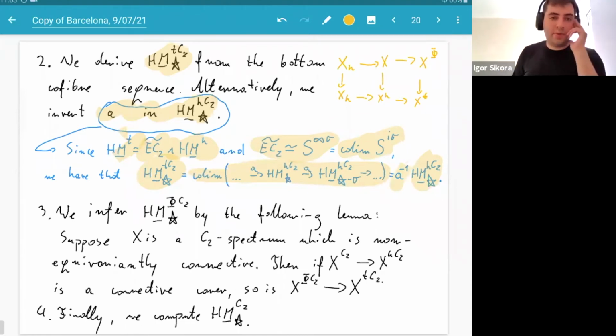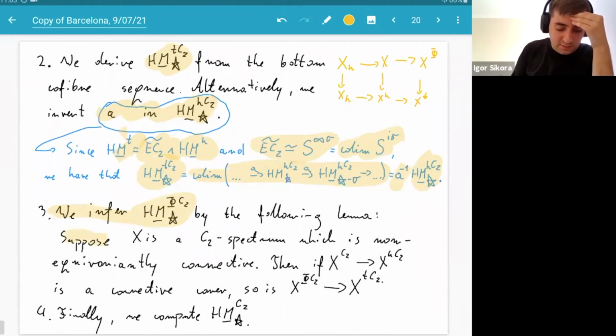In the third step, we will infer the coefficients of the singular C2 spectrum by the following lemma. Suppose that X is a C2 spectrum which is non-equivariantly connective.